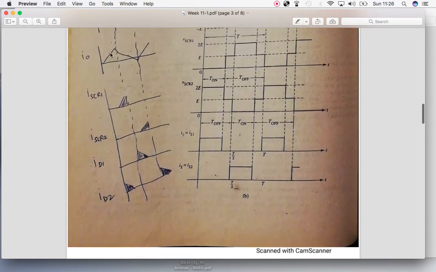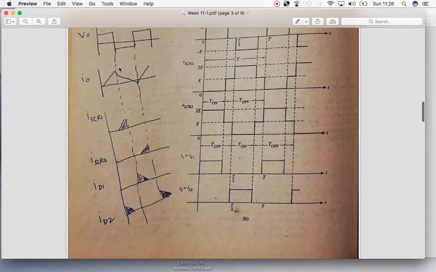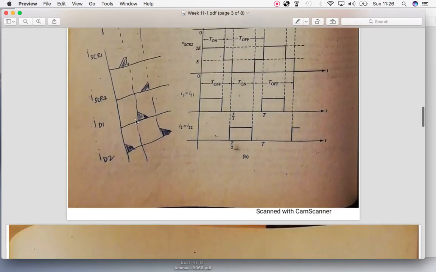And when the voltage is positive and current is negative, or when the current is negative and voltage is positive, during that interval in the half cycle, for those regions we put the representations of the diode current. So these diode currents are being supplied by the load, and these SCR currents are being supplied by the supply.